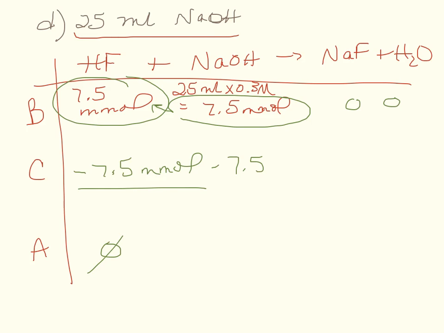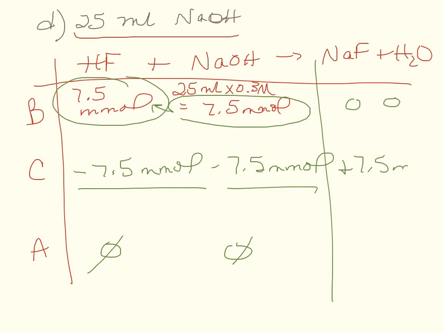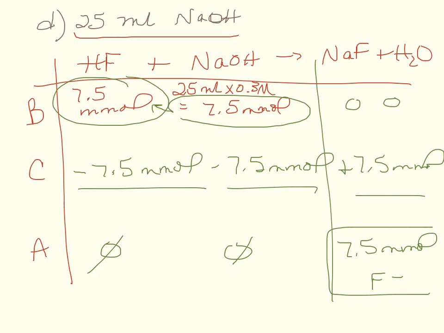Obviously, all the sodium hydroxide will have reacted also. And so what do we have present in solution? All we have present is 7.5 millimoles of sodium fluoride, which again is a source of the fluoride ion.